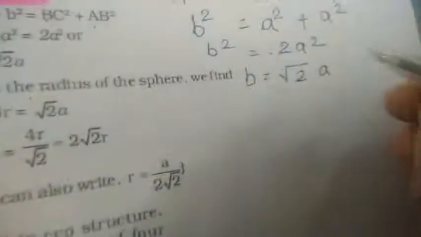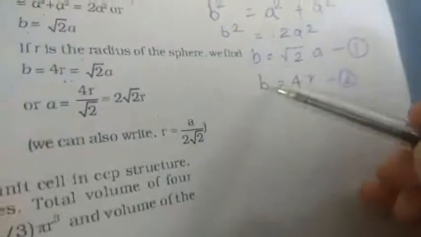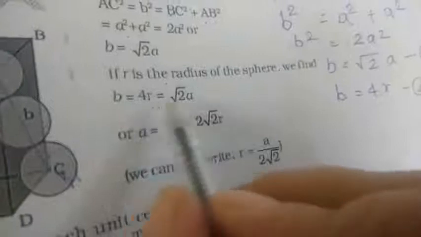That is why one equation we have got, B is equal to root 2A, and the other, B is also equal to 4R. This is our second equation. So we know if in an equation LHS is equal, RHS will also be equal. That is why they have written this, 4R is equal to root 2A. These two will also be equal.